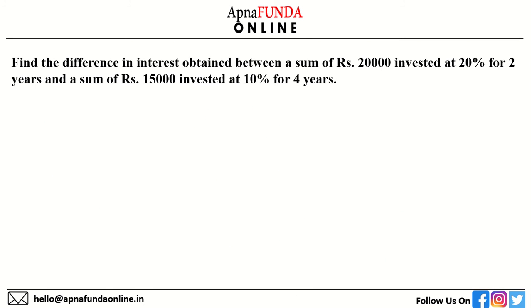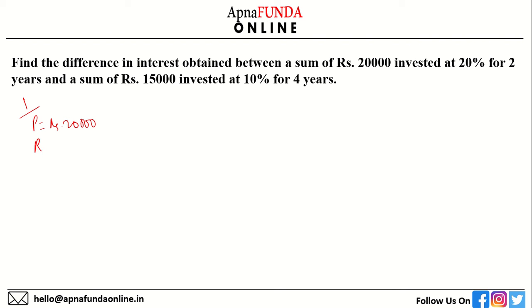Next question. Find the difference in interest obtained between a sum of rupees 20,000 invested at 20% for 2 years and a sum of rupees 15,000 invested at 10% for 4 years. So there are two simple interests that we need to calculate. So the first one will be where the principal is rupees 20,000.